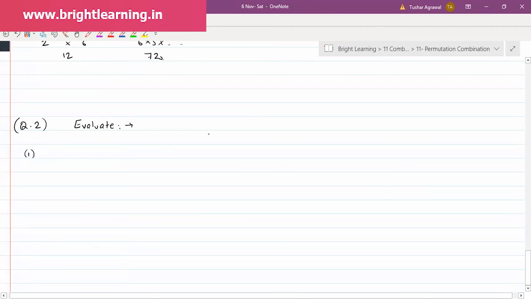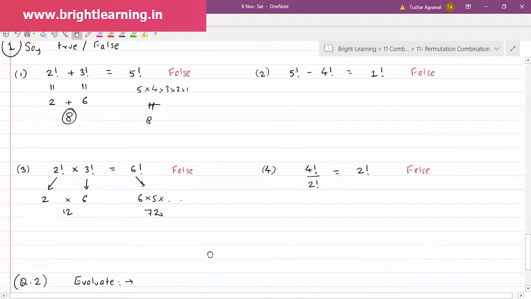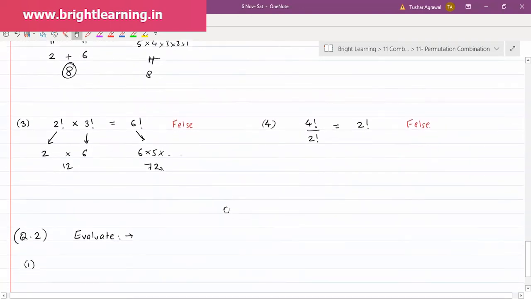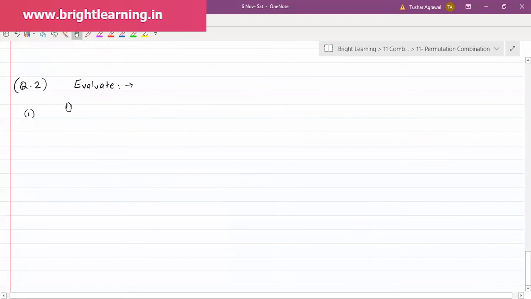Sir, could you give a question like this? Yes, I'm giving you questions only. The evaluation questions are on factorials only. Evaluate: first, 4 factorial plus 5 factorial. Second, 8 factorial upon 6 factorial.